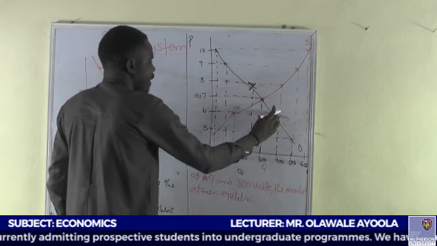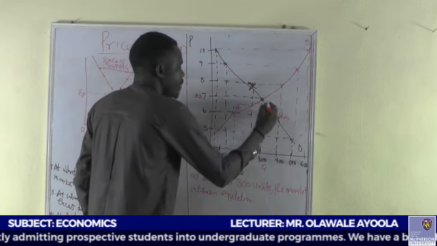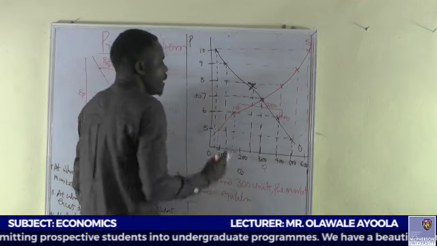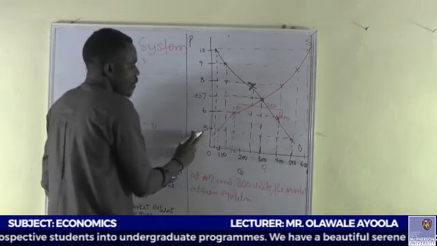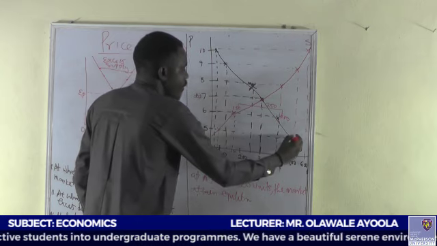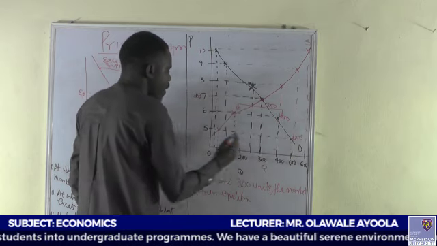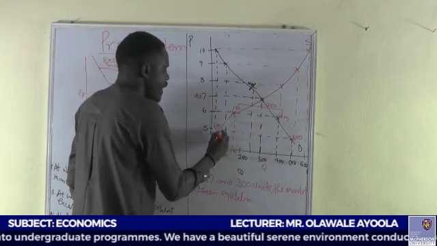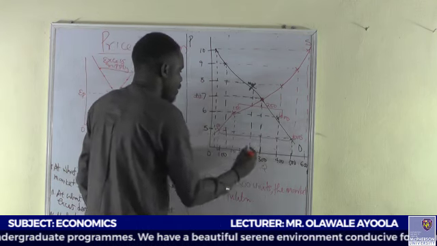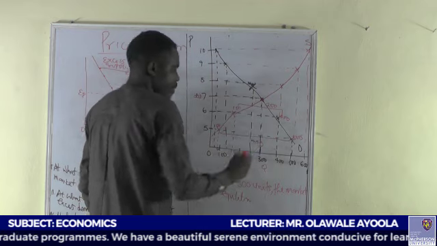Therefore, the excess here is 250. Excess demand is 250. At 5, quantity demand is 500, while quantity supply is 60. Then the excess demand is 440.